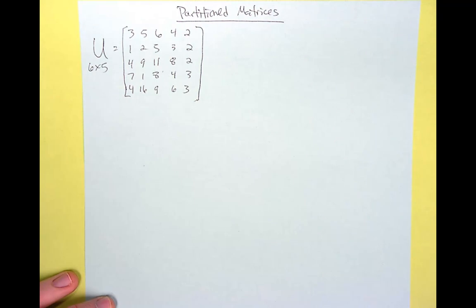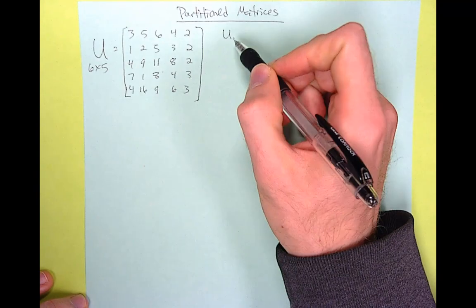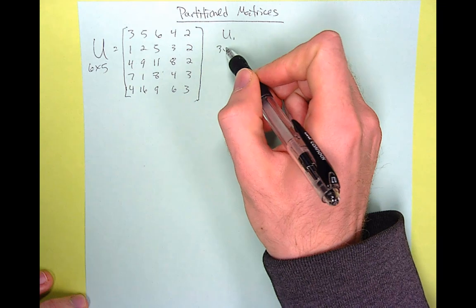No, I'm just kidding. The better way to say that would be to partition the matrix U into 4 submatrices. So we're going to have U1 be a 3 by 3 matrix.